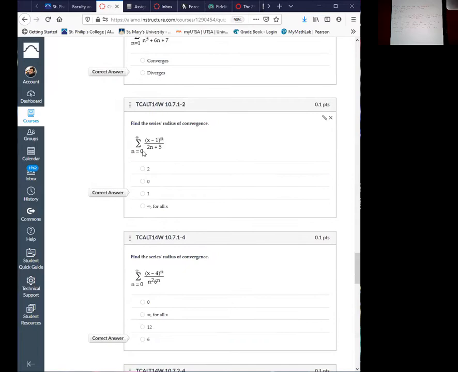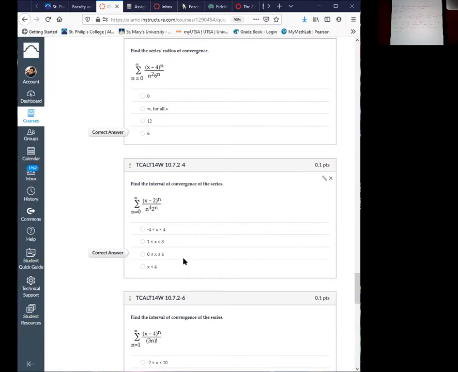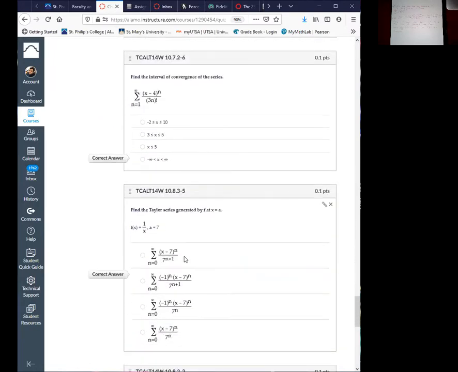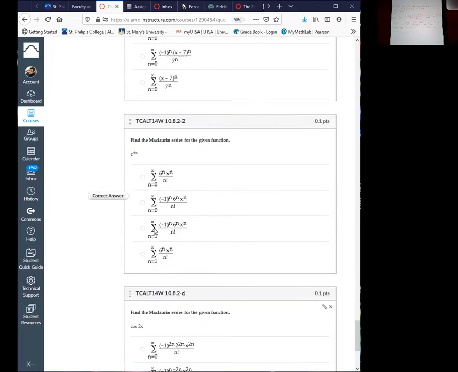Over here, it's radius of convergence, and they don't tell you how to approach it. And this is where the Taylor and Maclaurin series come in. When we take all those derivatives, find the pattern. That's where this starts. Last three.